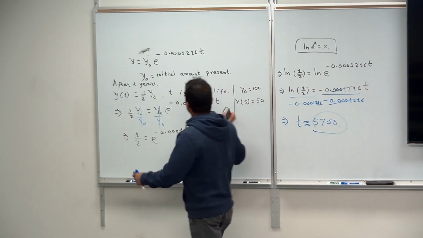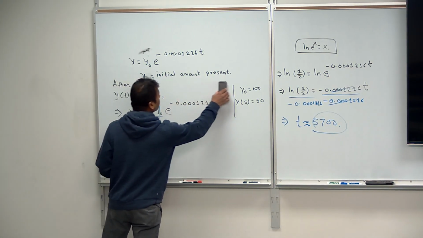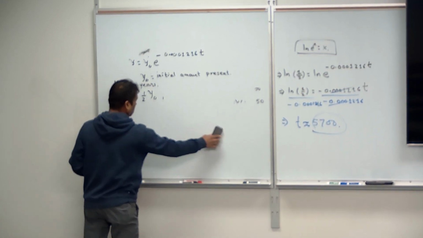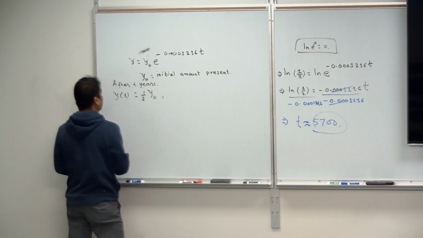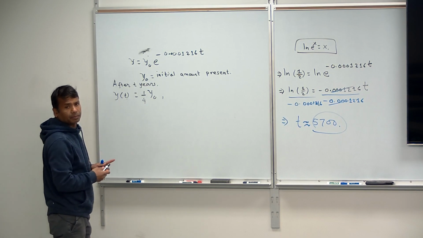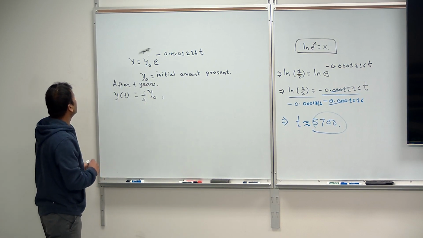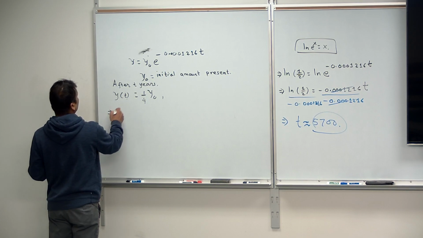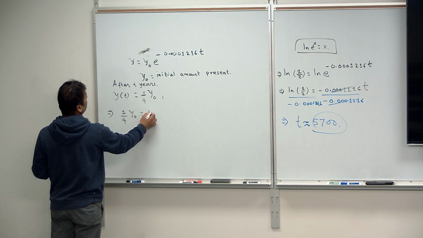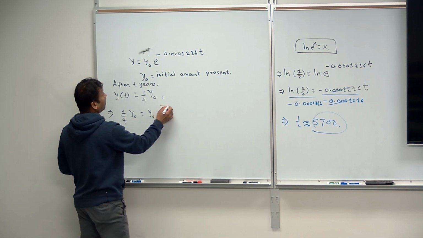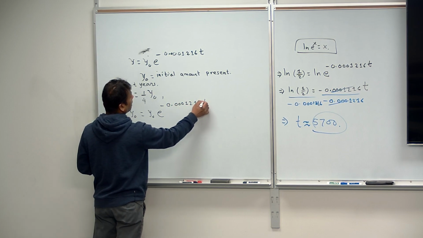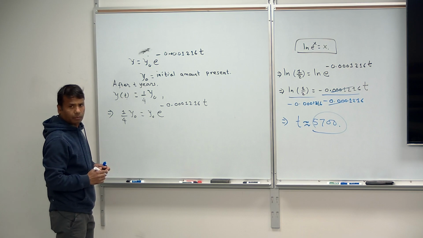So now y t equals 1/4 y0. You plug in 1/4 y0 here: 1/4 y sub 0 equal to y sub 0 e to the power negative 0.0001216t.